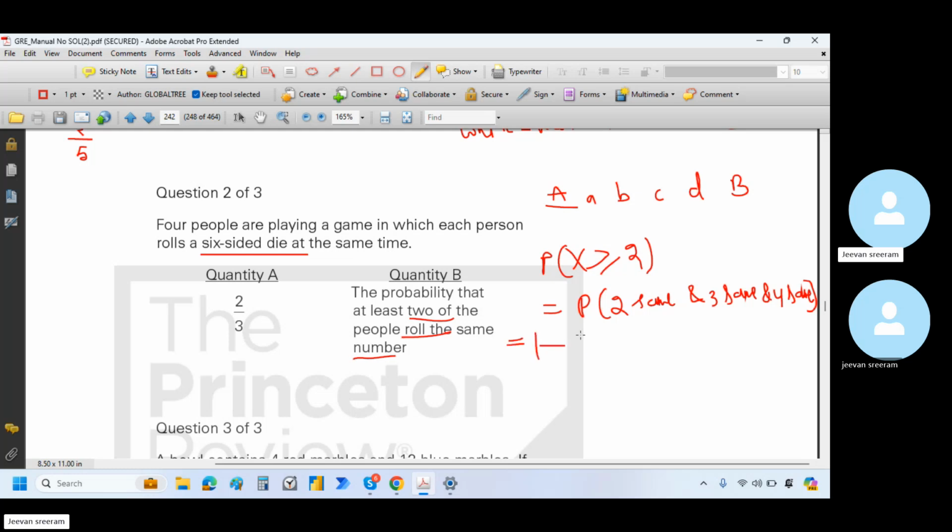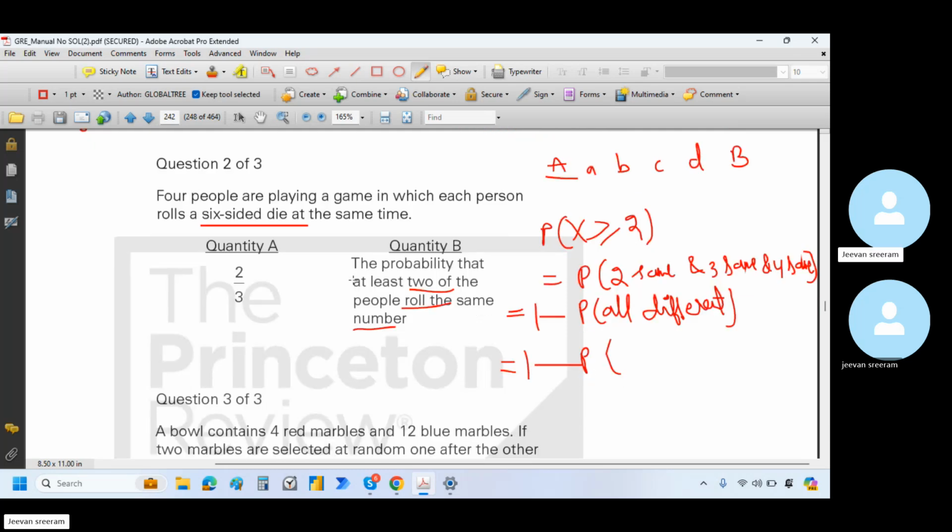So this is nothing else, 1 minus the probability of all different. 1 minus the probability that all the people roll different numbers. So 1 minus the probability of getting all different numbers would be 6, no?